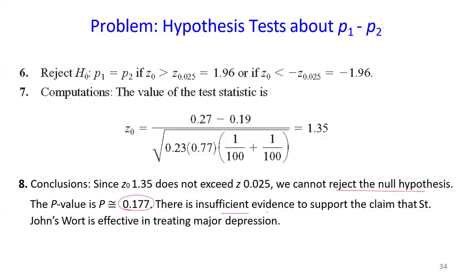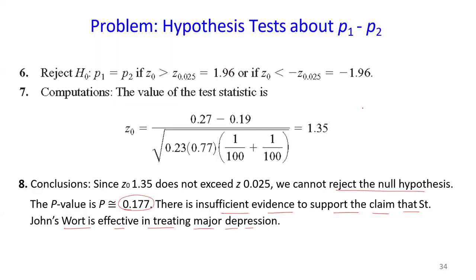So there is insufficient evidence to support the claim that St. John's wort is effective in treating the major differences. There is no evidence to prove that. So in that case, we are not saying that they are different. If they were different, then definitely the medicine could be more effective than the placebo.